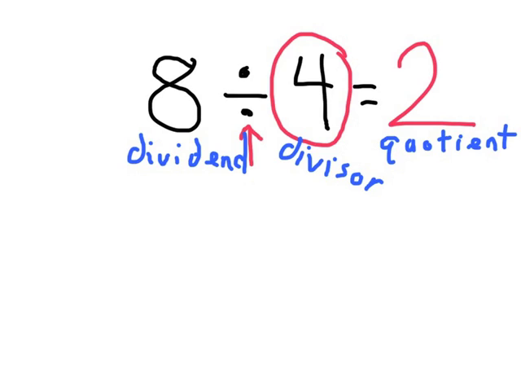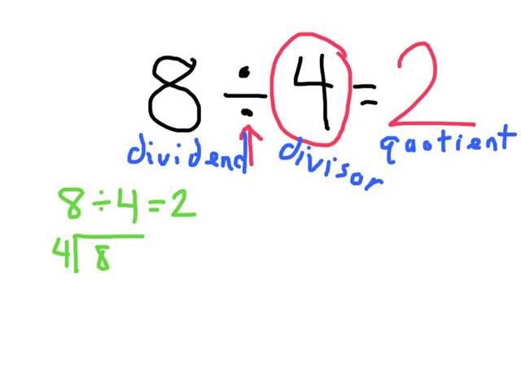Now we can write a division problem in various ways. Obviously we can write 8 divided by 4 like this, which we already did. 8 divided by 4 is 2. We can also write it with a long division sign, and when we write it as long division, we change the order because we say 4 goes into 8 how many times?